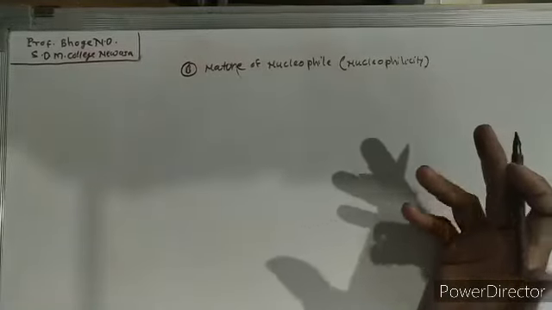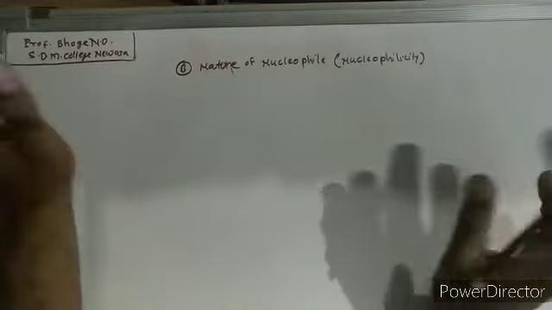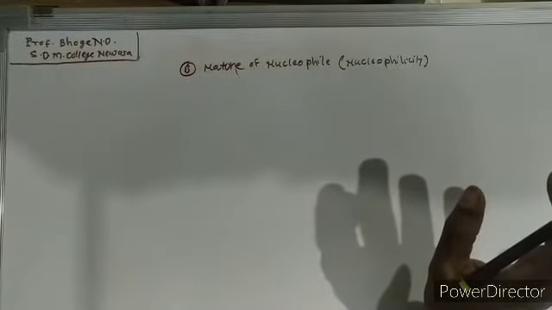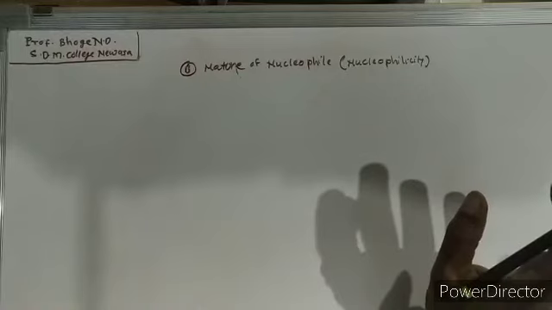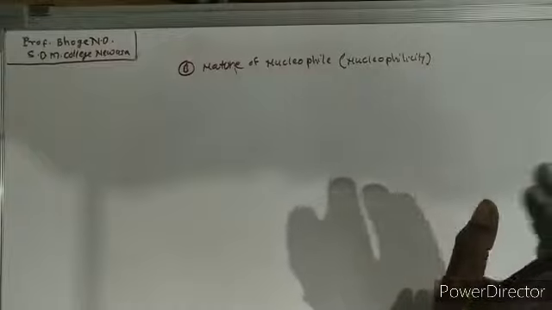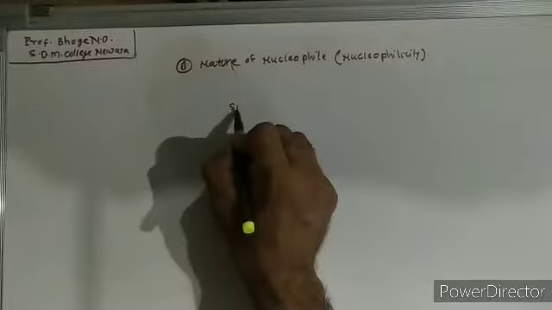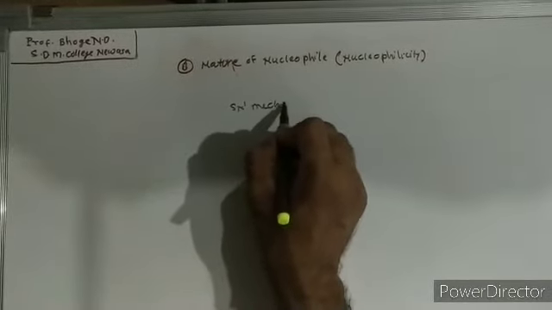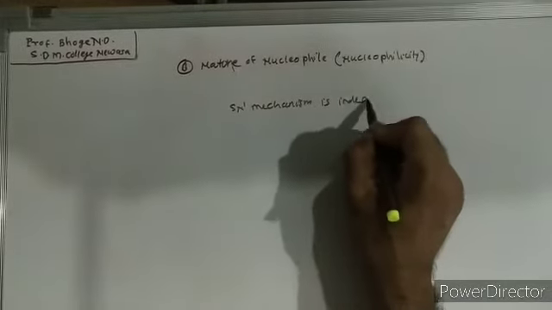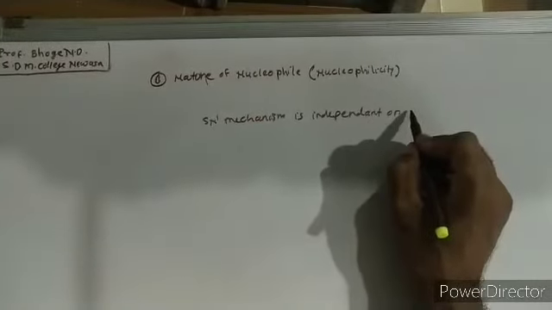In SN1 the nucleophile is involved in the fast step, hence there is no effect of changing the nature of the nucleophile. So the SN1 mechanism is independent of the nature of the nucleophile.